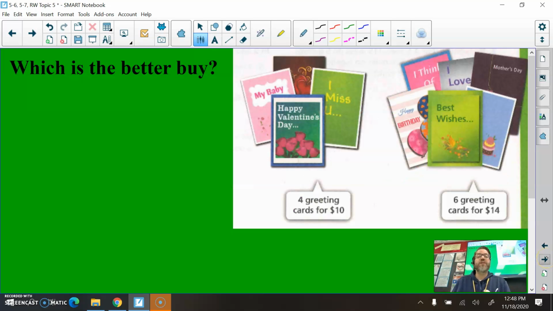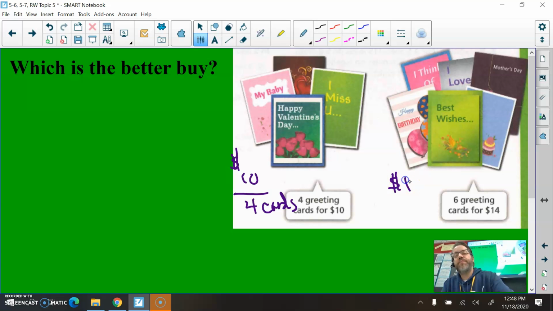All right, which is the better buy here? We have 4 greeting cards for $10 or 6 greeting cards for $14. Which is the better buy? So here you have $10. Put the price in the top for 4 greeting cards. And over here it's $14.